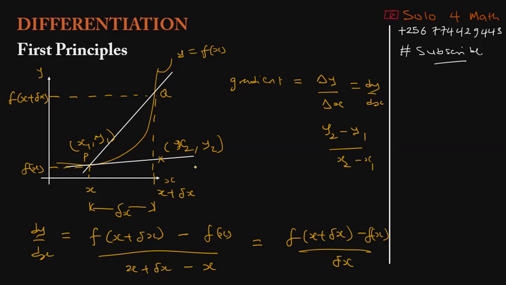Now, remember, we want to get a more accurate value. We assume that the gradient of the curve is equal to the gradient of the tangent to the curve at point P. Since we chose the other point on the line arbitrarily, we don't know exactly what it is, so if people choose different points, they end up with different values.